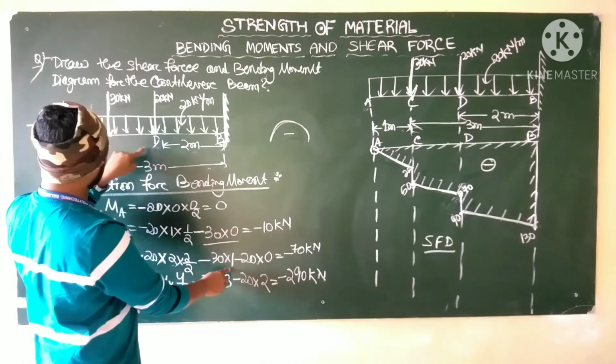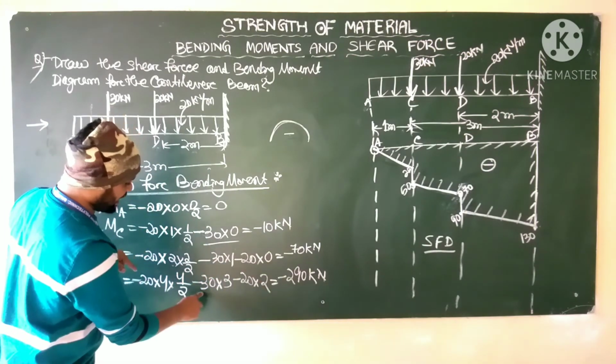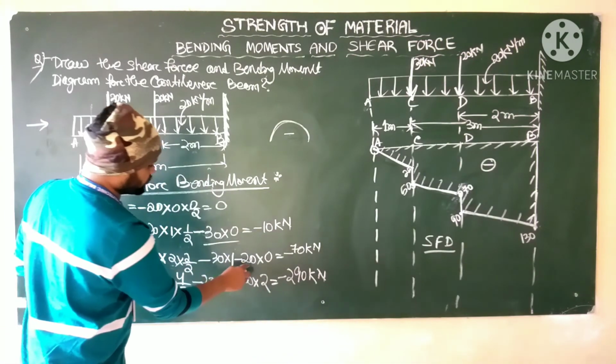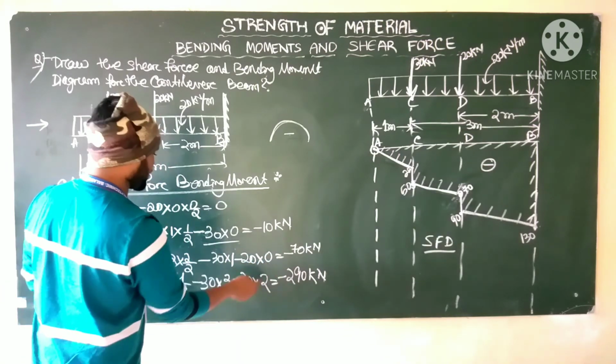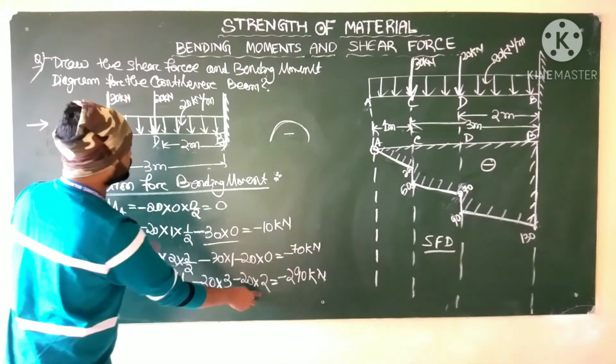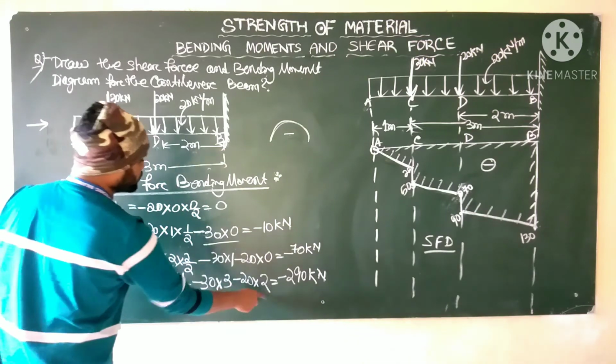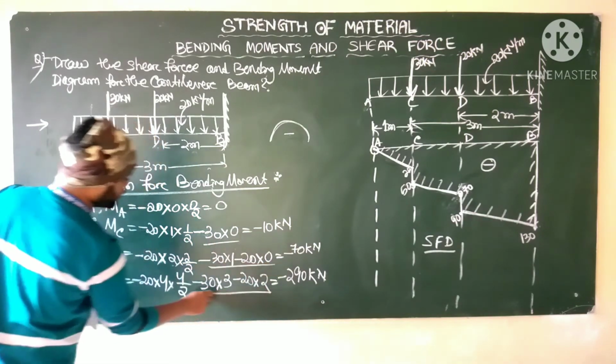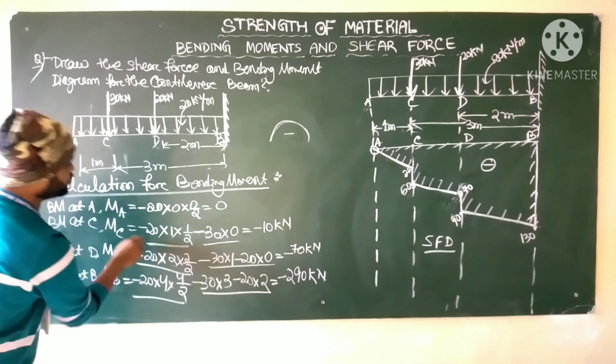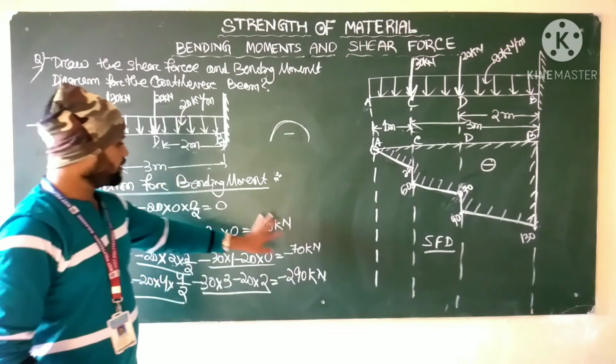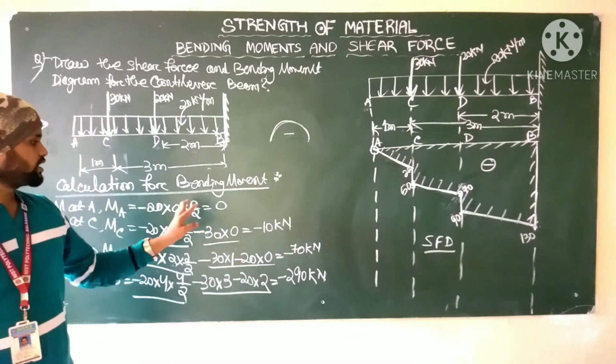At point D, the C to D distance 30 into 1, and last 30 into 3. Here 20 into 0 at point D, but when we are calculating at B, 20 into 2. So point load into distance, this is the amount of point load, this is the amount of UDL. So these are the values for bending moment at different points.